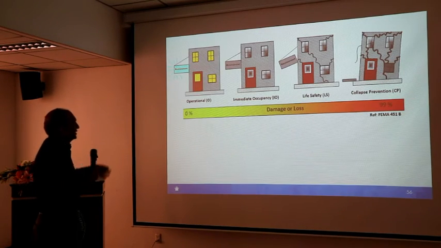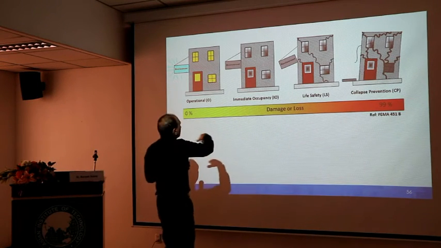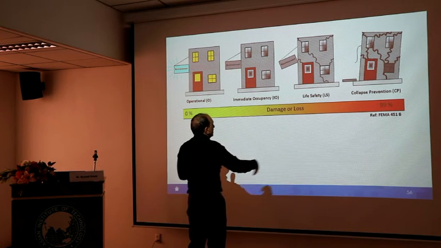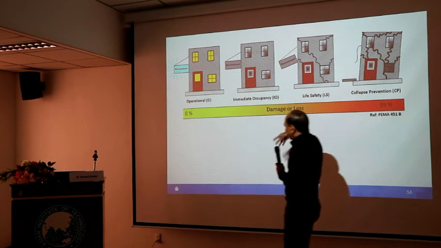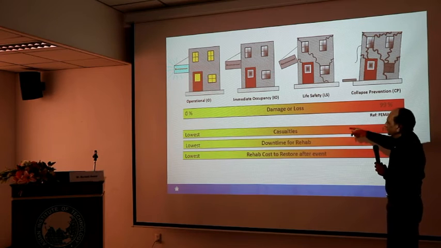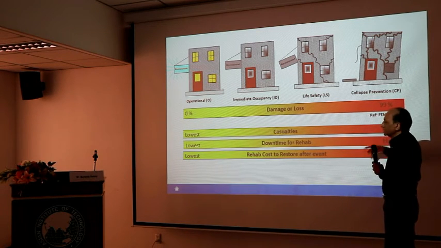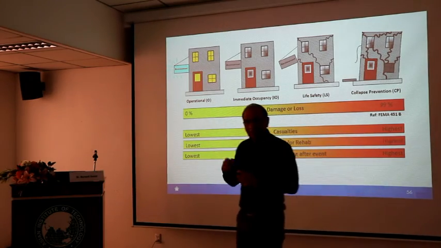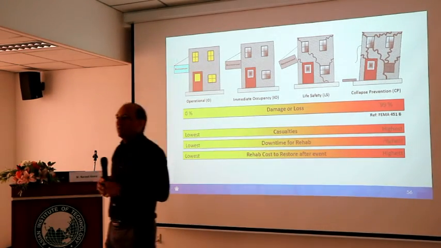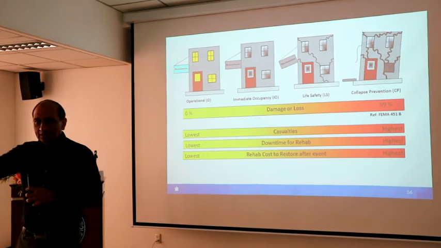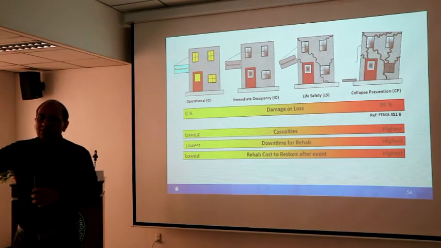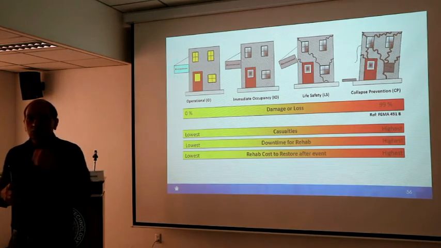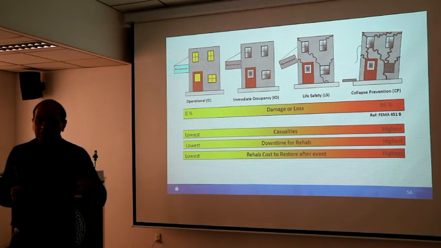Next one. And then we can relate that to occupancy, life safety, collapse. We can relate to damage or loss. Next one. We can relate to casualties, downtime, cost, and everything. So there's a way to connect everything through calculation. There we can connect the hazard to vulnerability, to consequences of disaster, to money, to people's life, everything.